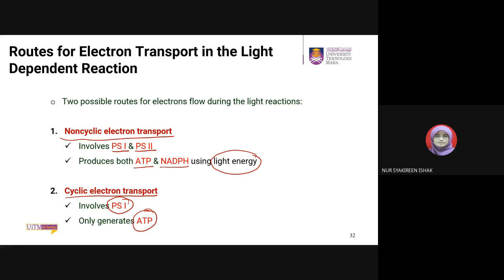So kenapa kita namakan proses ini sebagai non-cyclic yang pertama kan? Non-cyclic maksudnya elektron tu asalnya daripada, walaupun dia start dengan photosystem 1 tapi sebenarnya proses tu start dengan photosystem 2 dulu.